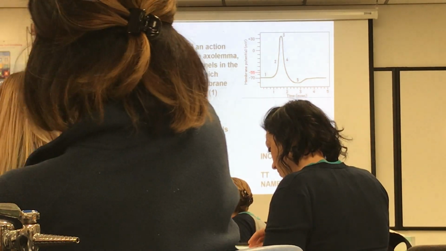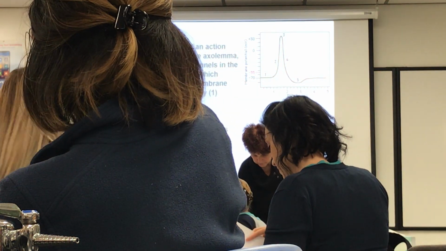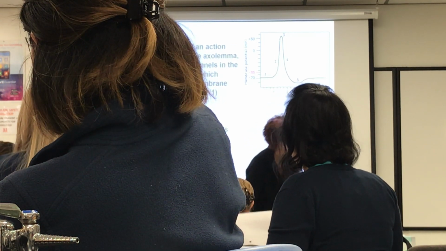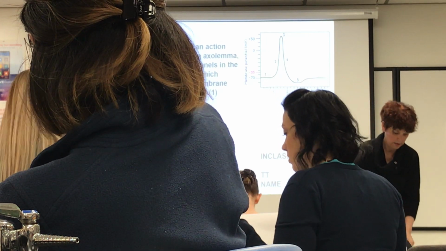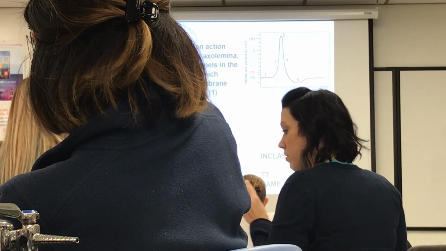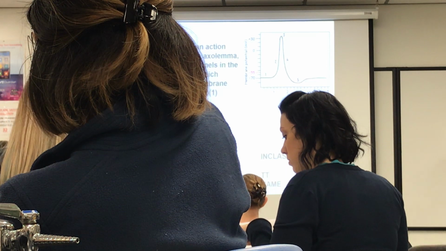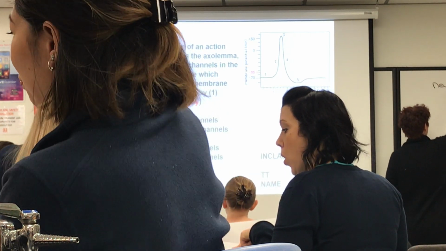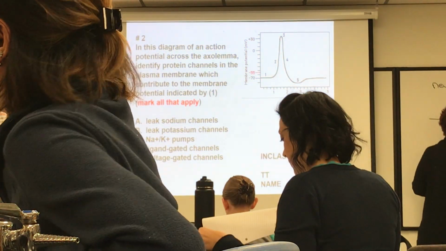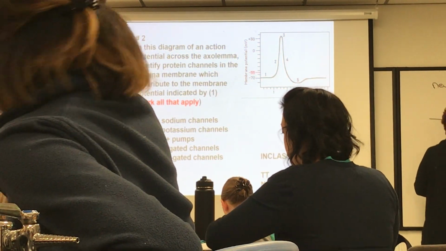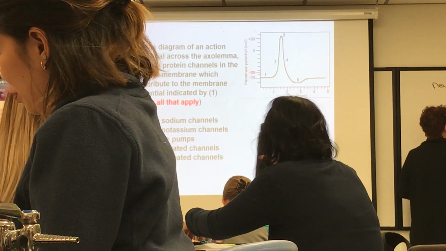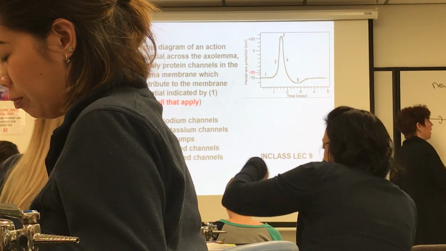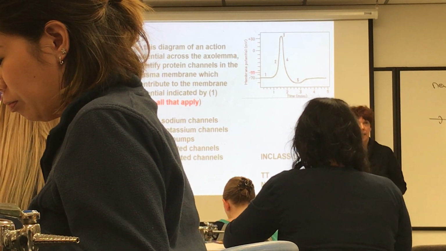All right, putting that diagram up there. So this would be along the neuron, and that's the axonema, although sometimes we see it with that as well. You've got to remember from Bio 430 what this potential is called.